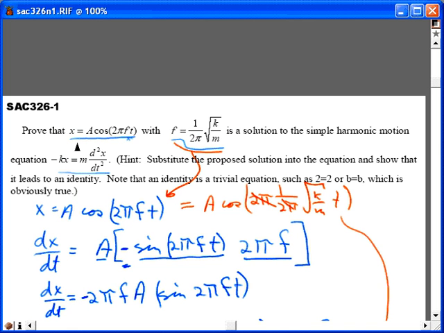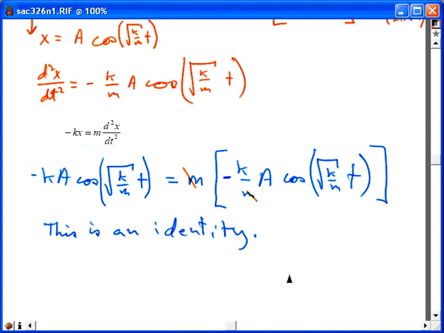Thus, indeed, x equals a cosine of 2 pi ft, with f being equal to 1 over 2 pi times the square root of k over m, is indeed a solution, as we plugged it in and it led to an identity. So that does it for SIC 3.